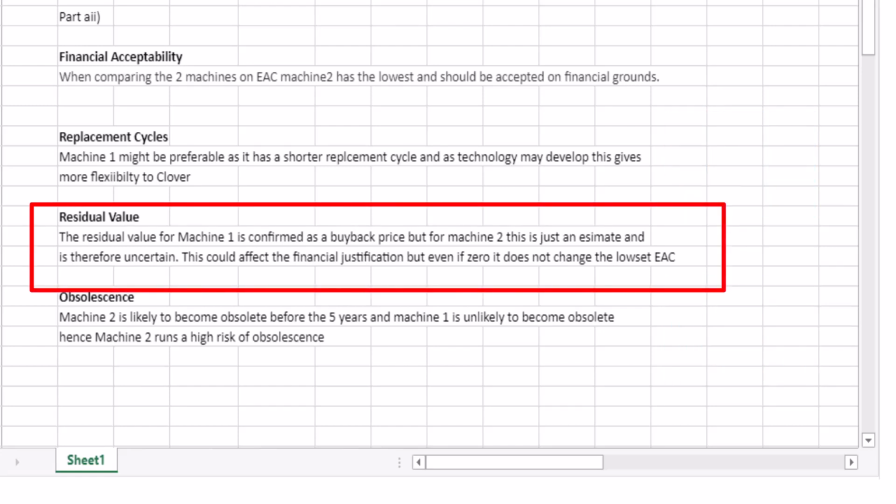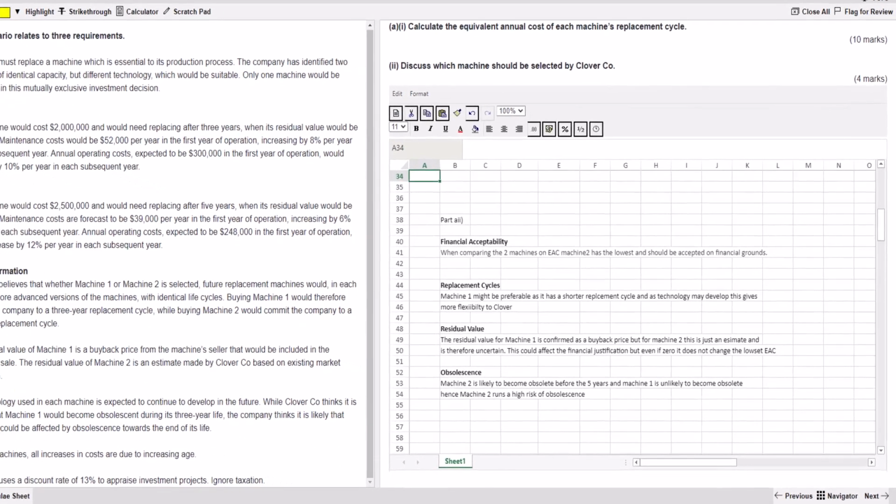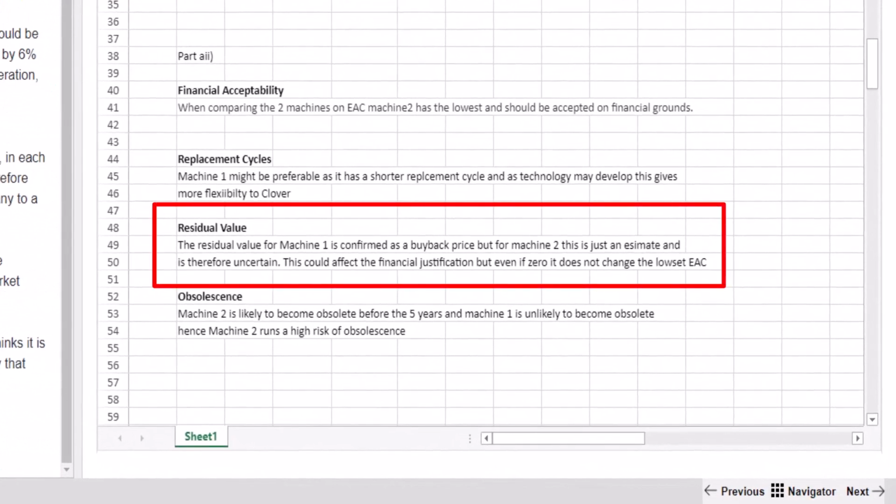Let's look at the residual value one, for instance. Here I've said the residual value for machine 1 is confirmed as a buyback price. I have got that from the scenario, and it's just an estimate for machine 2. Therefore, it's uncertain. That's the implication, and this could affect the financial justification.